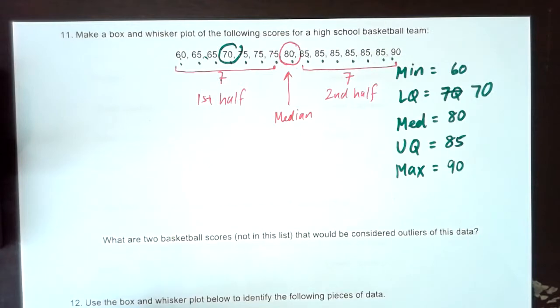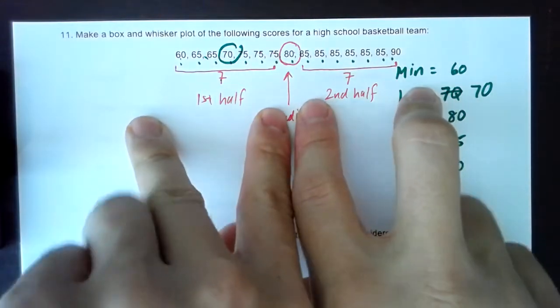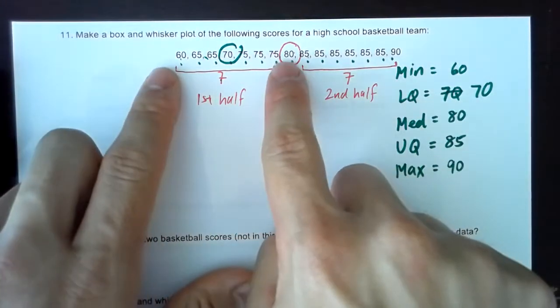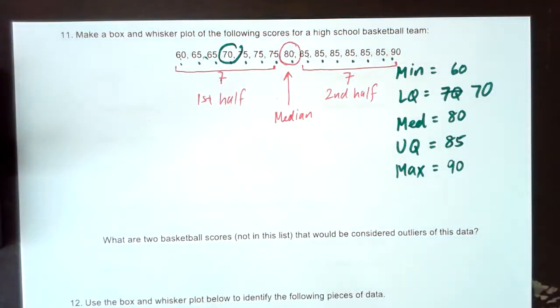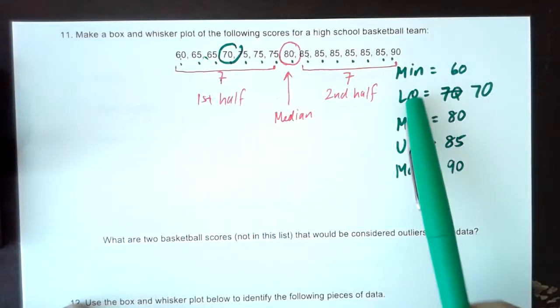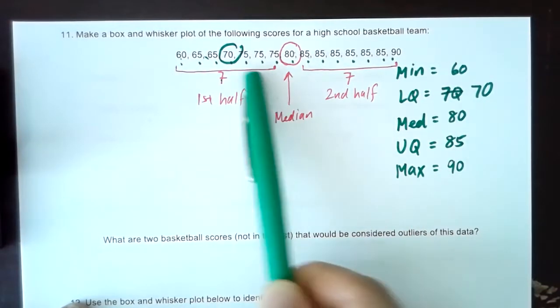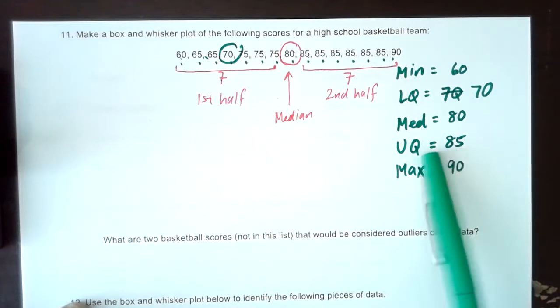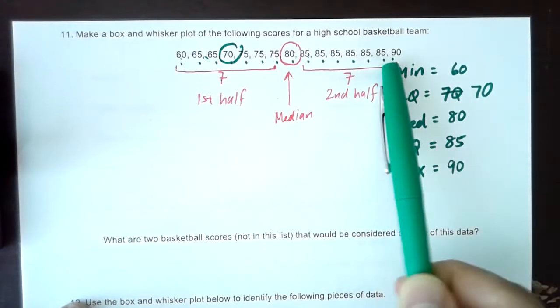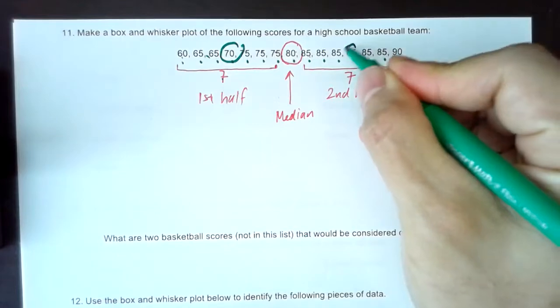It's directly in the middle. Once I've separated the data into 2 halves, I then calculated the median one more time, and that gave me the lower quartile. Remember, class, the lower quartile is the median of the first half of data. The upper quartile is the median of the second half of data, which was 85.